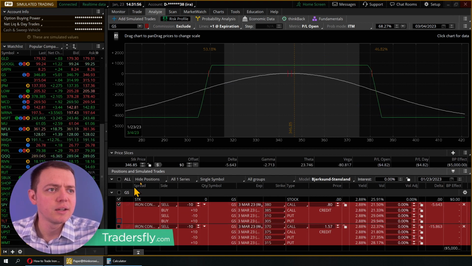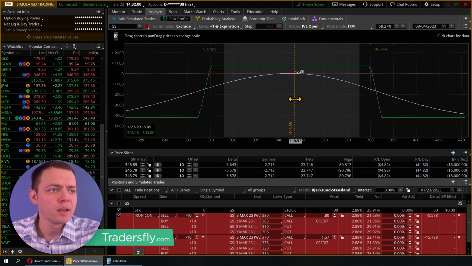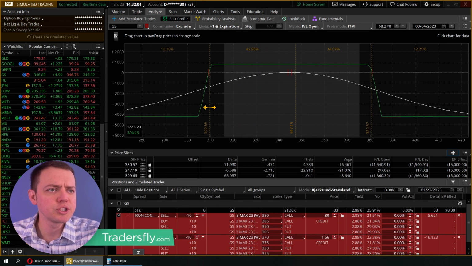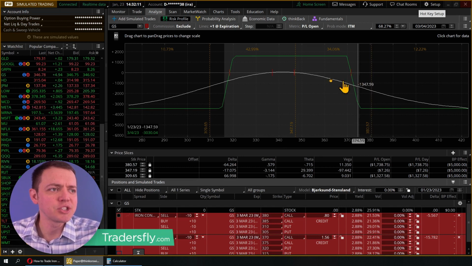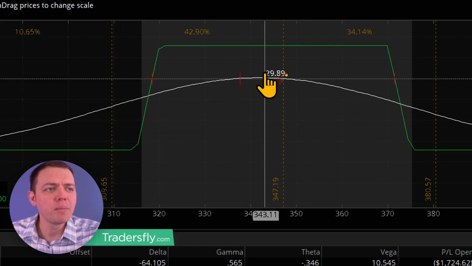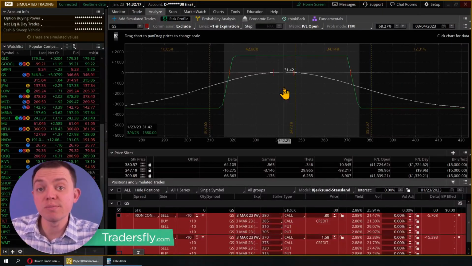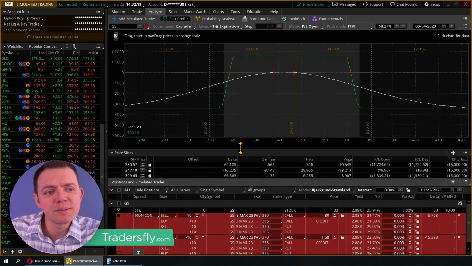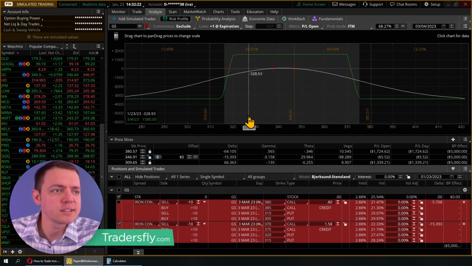You can see this one's a little bit wider. If I set up two break-even points, now I've got a width or range of about this much, and the other one is much tighter. So bringing it in tighter, I can make more money, but the problem is I don't have as much range. So which one do you want? Well, it's a matter of personal preference to some degree.